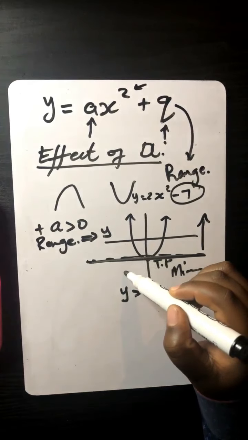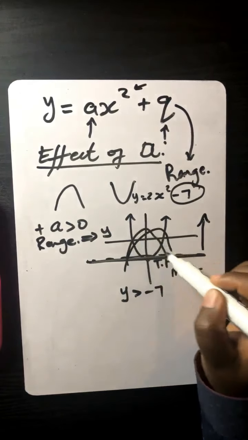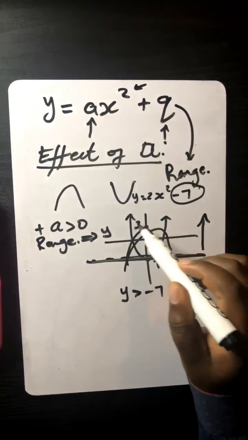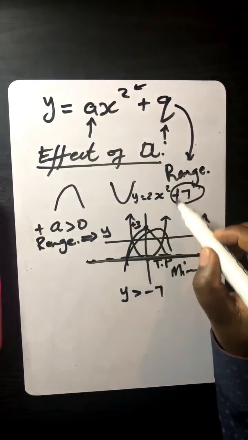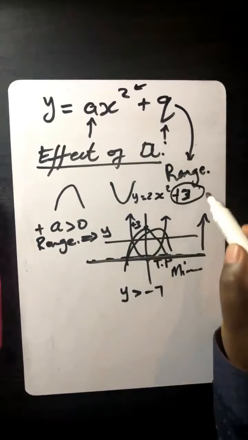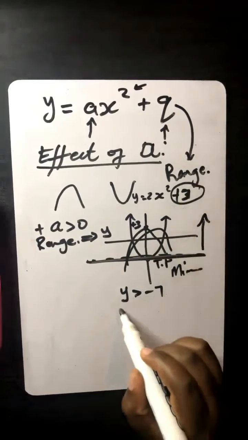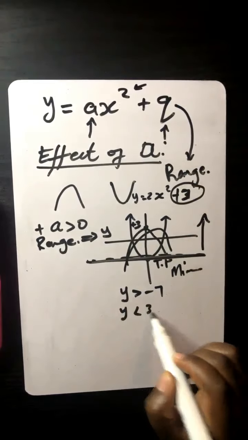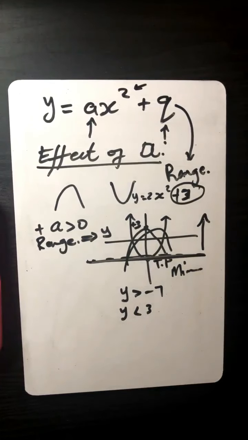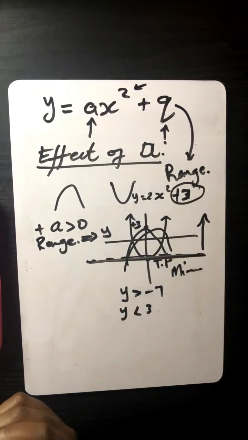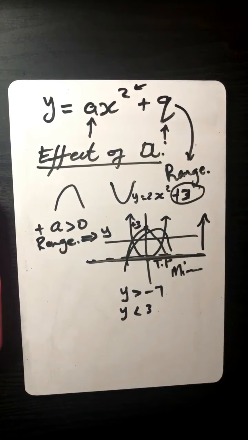And if it's like that, let's say the turning point there is positive 3, then your q value, you say y is less than or equal to 3. So the opposite is true when a is negative.